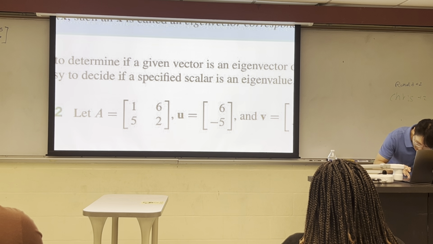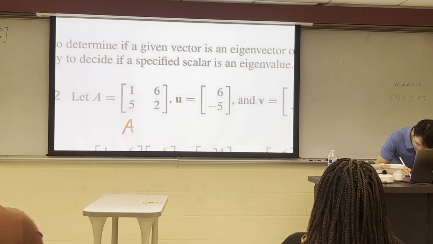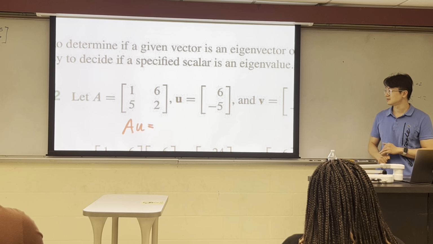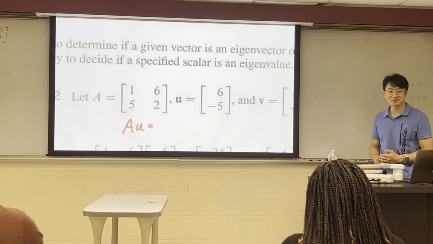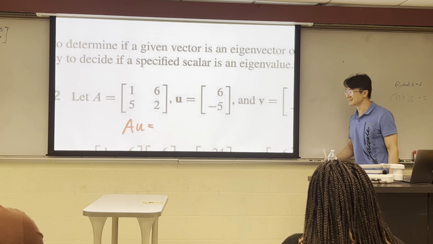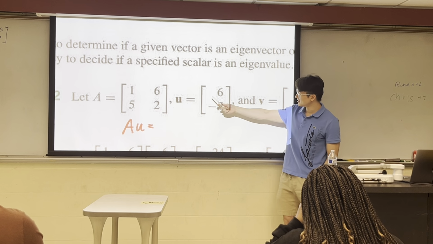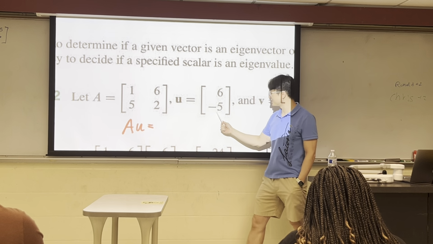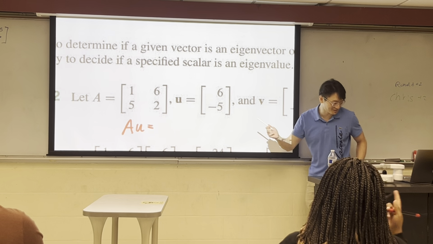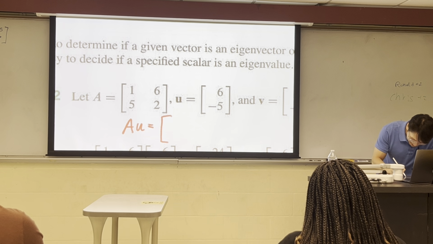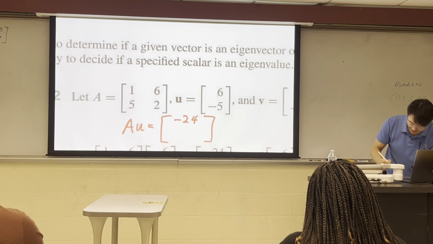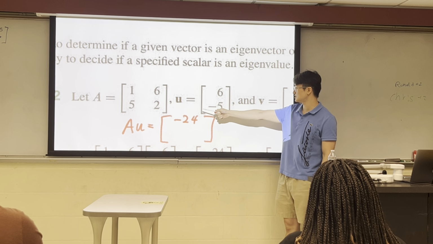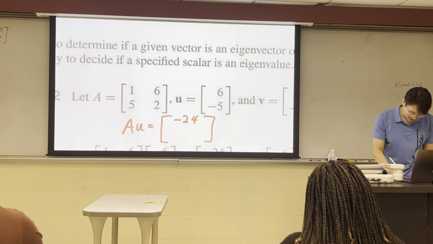Tell me what is AU? Calculator? 6 minus 30. And 6 times 5 plus minus. What is it?